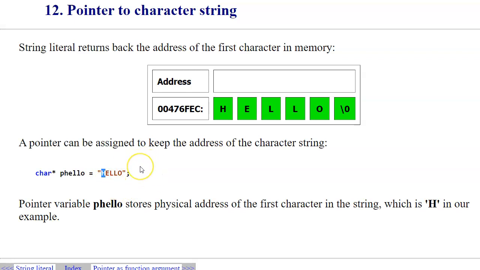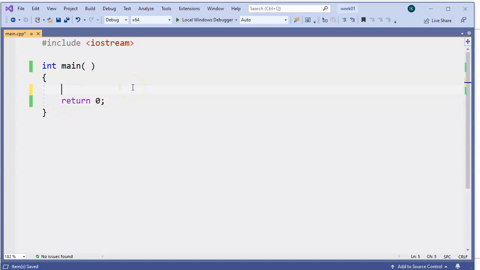Let's try an example with this. The way it's written is char asterisk p hello equals hello. And unfortunately it will no longer compile correctly.